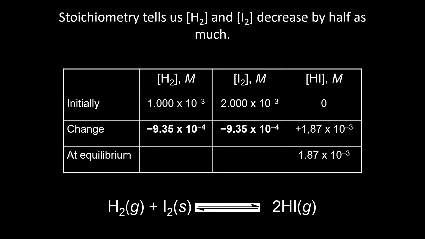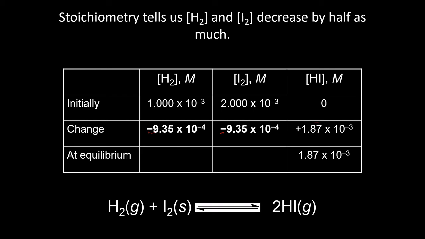So if you take 1.87 times 10 to the negative 3 divided by 2, you get 9.35 times 10 to the negative 4, and it's negative because these are reactants, they're getting used up. They're going away. So this increased, but these are going to decrease. So they're decreasing by half as much as the HI increased.